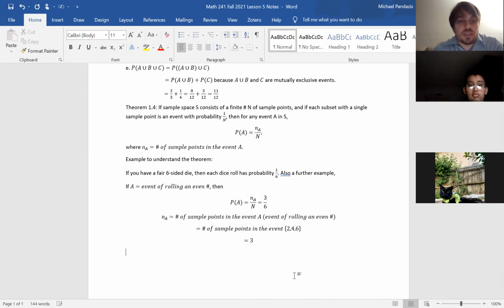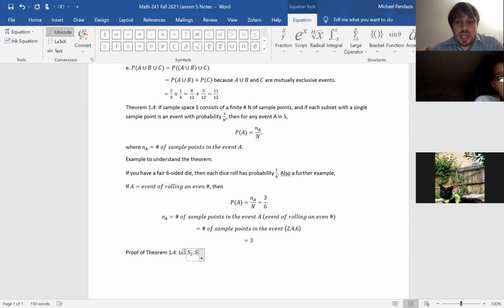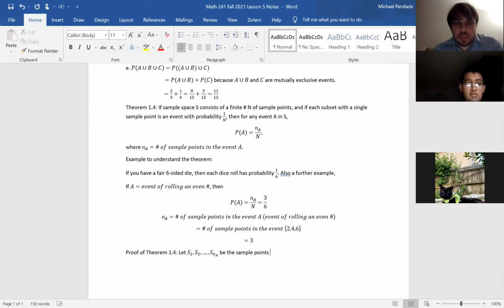Okay, so let's look at a proof of Theorem 1.4. Okay, so I'm going to let S1, S2, up to including S sub n sub A be the sample points in capital A. So if you have your sample points, the event A has n sub A sample points.